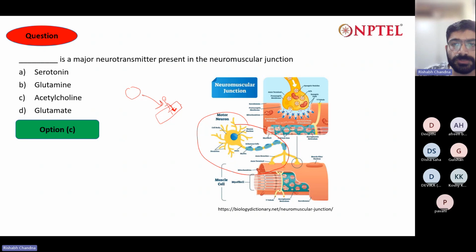So what does the neuromuscular junction do? It transfers the signal from the neuron to the muscle in the form of chemicals. Okay, that we call neurotransmitters. So these are the chemicals that this particular motor neuron will release, and majorly these chemicals are acetylcholine.